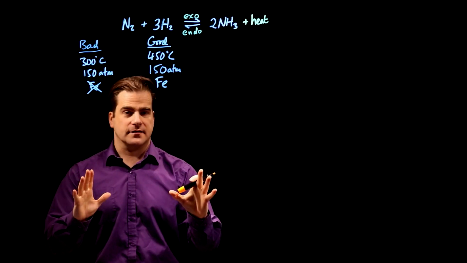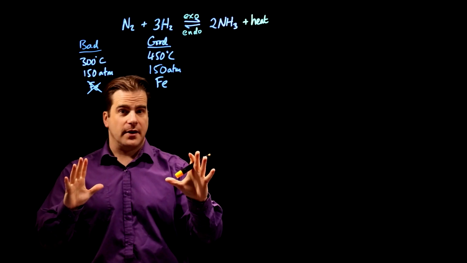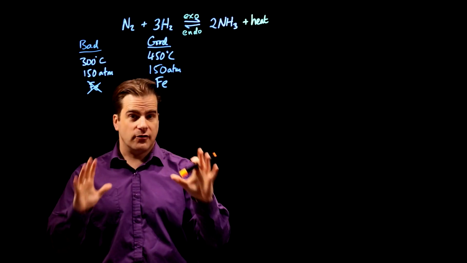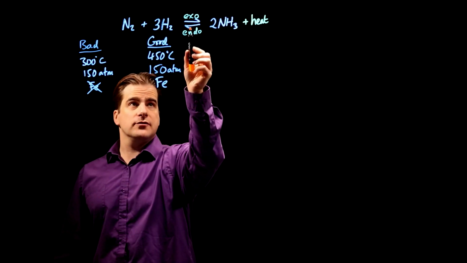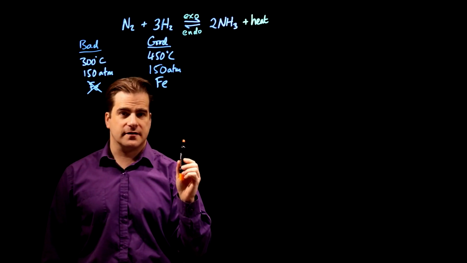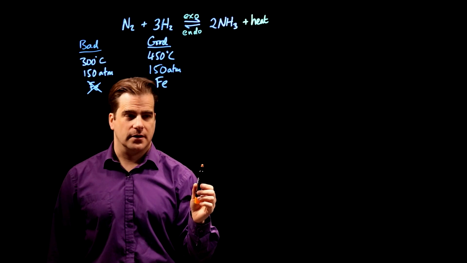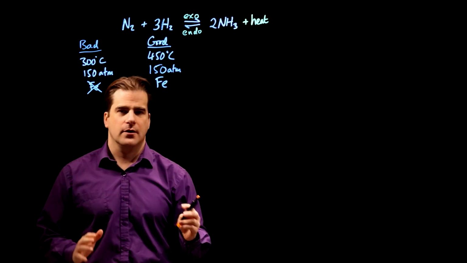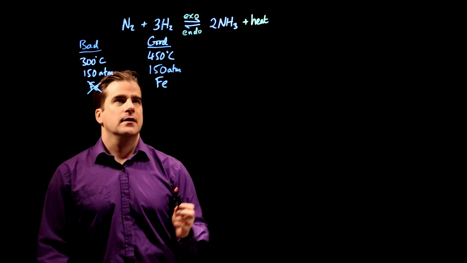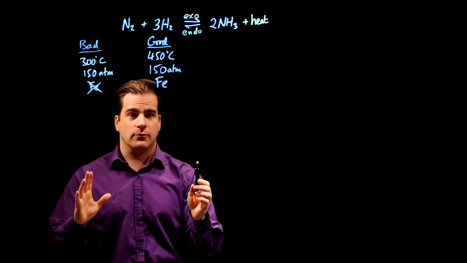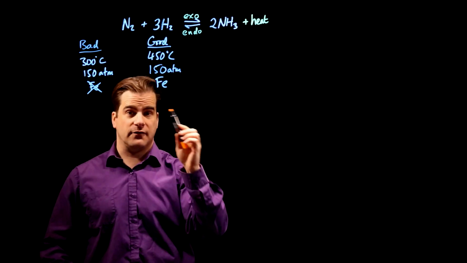Right, it's like this. It's quite simply that if you increase the pressure, it moves the position of equilibrium to the side with fewer molecules or fewer moles. What does that mean? Okay. You have to count the number of molecules on each side first.